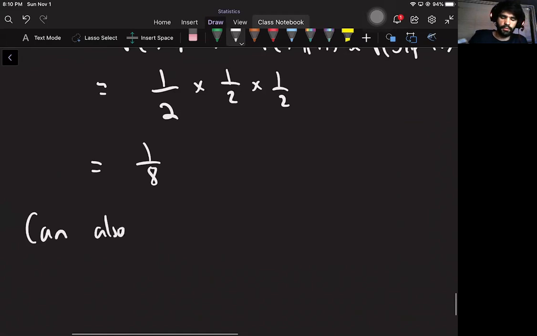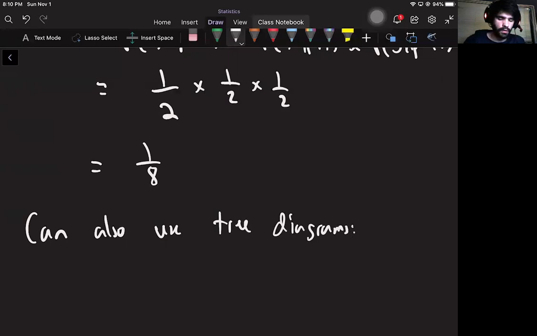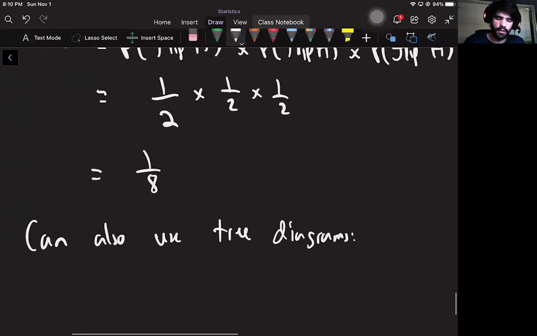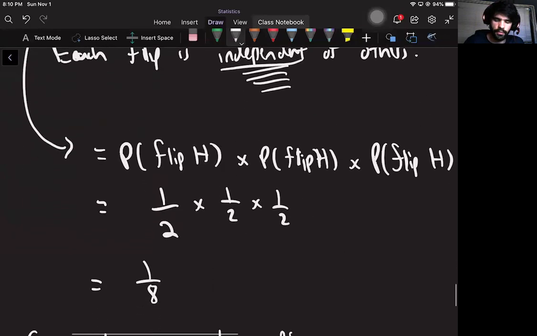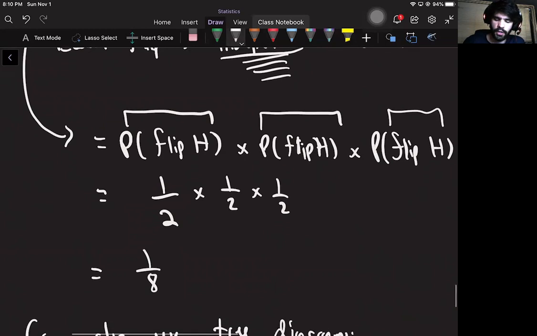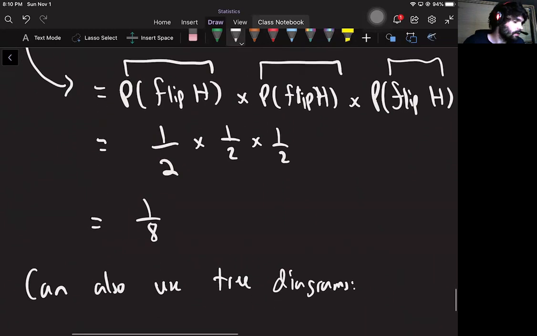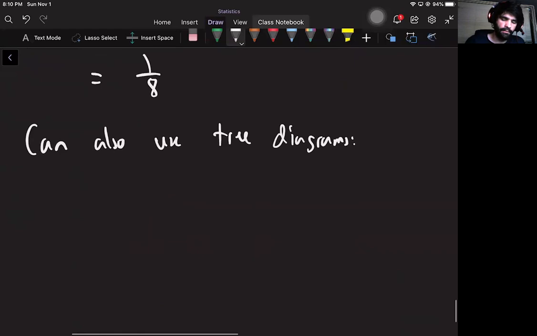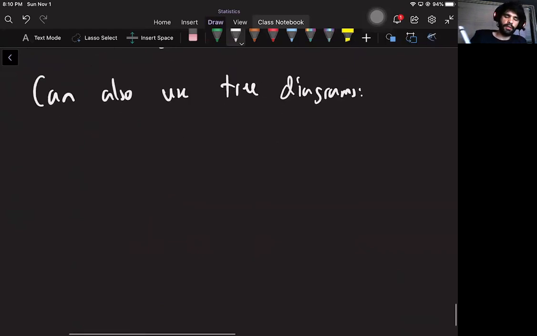So let's do that just for practice. So the idea here is each event is a branch coming out of the previous branches. So the idea is that there are 2 possible outcomes.